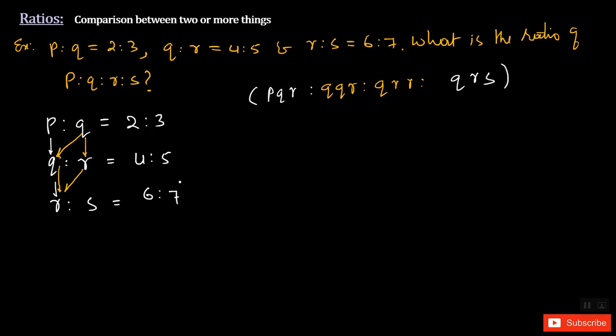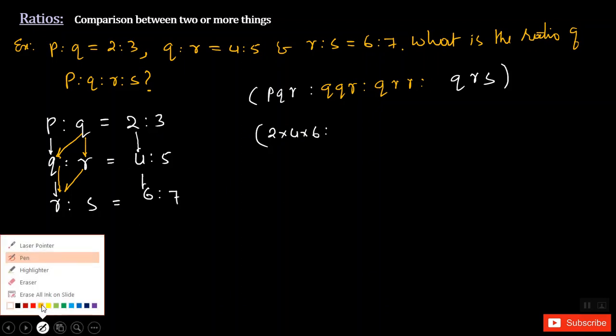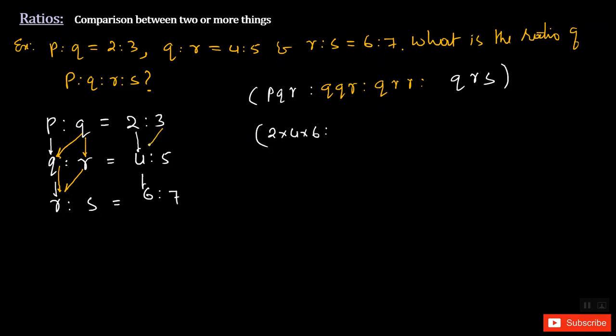Now let's take it with the numbers here. First, I just need to multiply 2 times 4 times 6, that is the ratio of P. And the next I have to do as 3 times 4 times 6, isn't it?